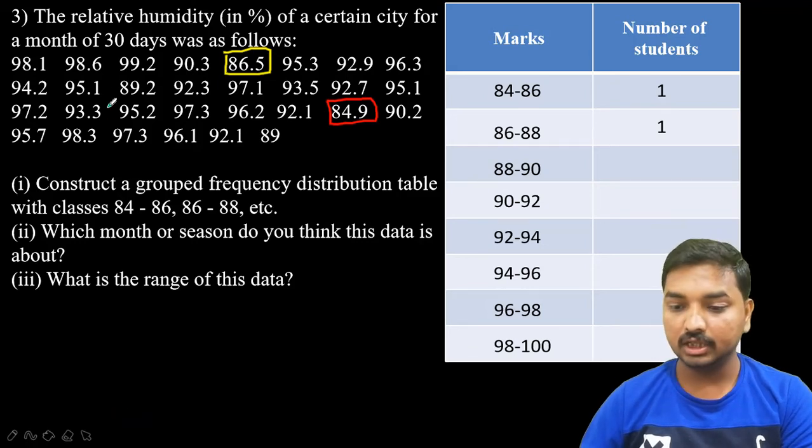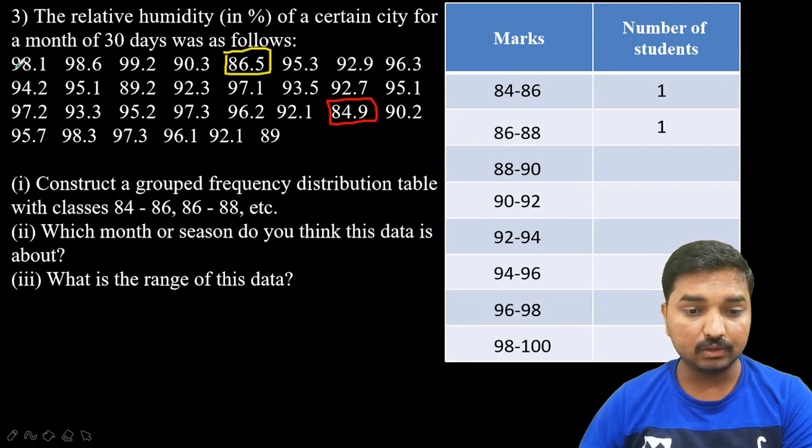Choose this color. Now 88 to 90, I'm going to mark for one more class interval. After that I'm going to give the answer directly. 88 to 90 actually, excluding 90, means around 89 something.